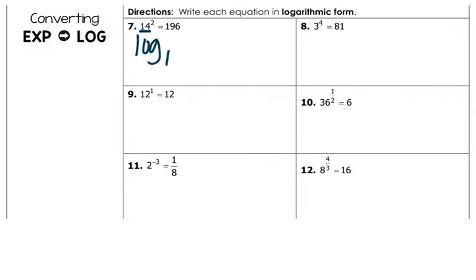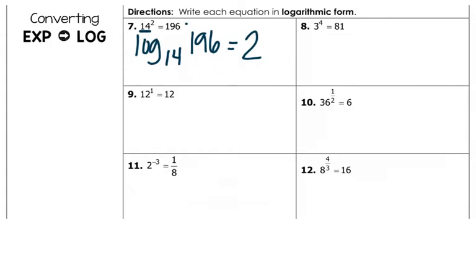So this is going to be the log of 14. Then our answer in exponential form came next. So 196, and then equals whatever our exponent was. So it's just rewriting it backwards using what we just used in our notes, so at the top of your page.